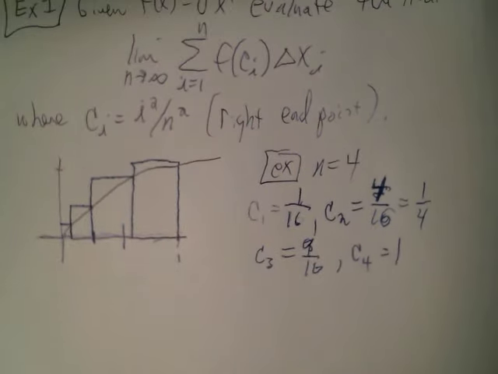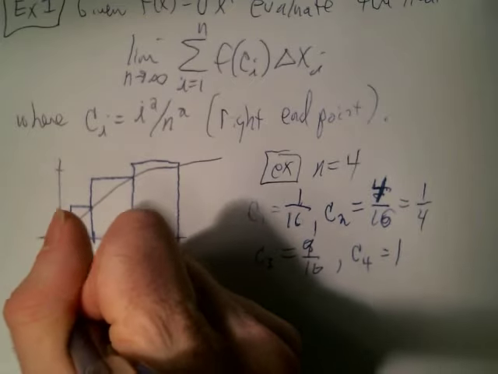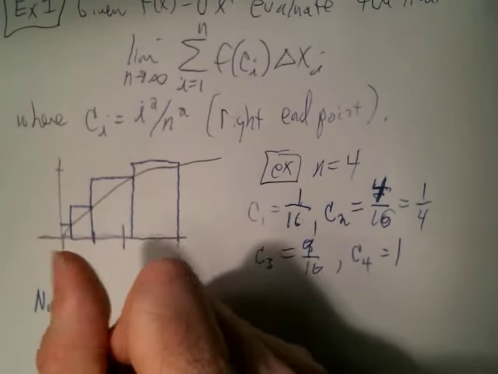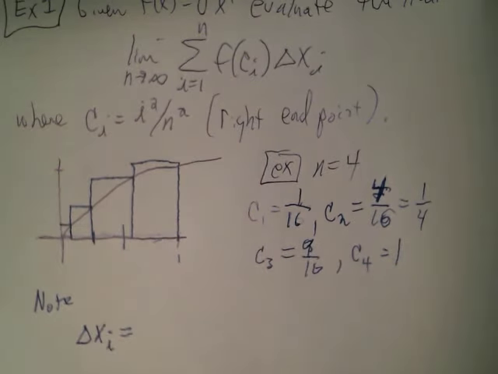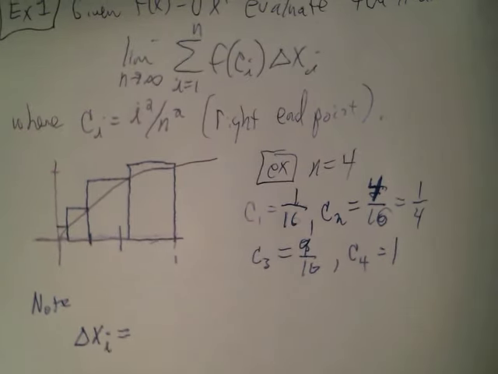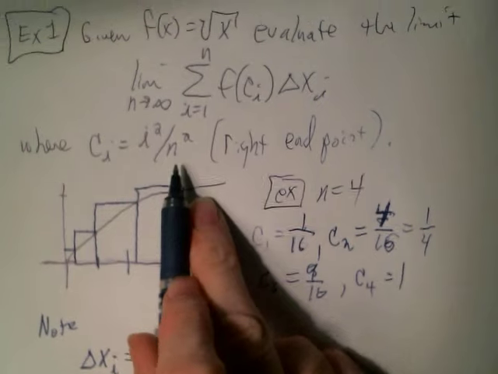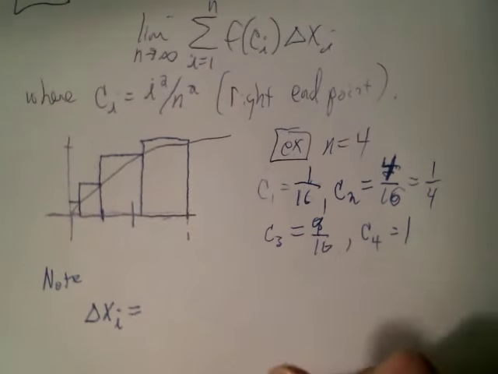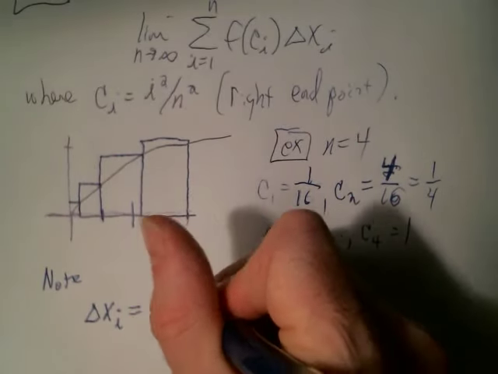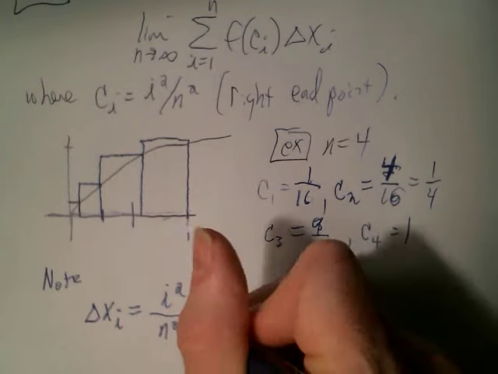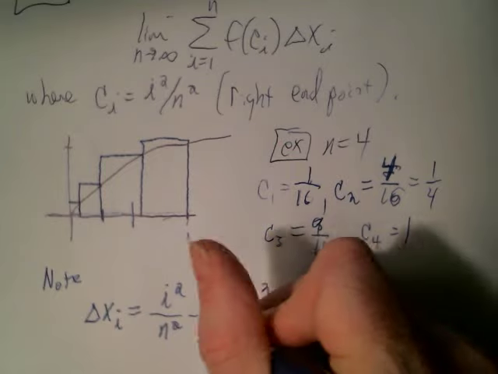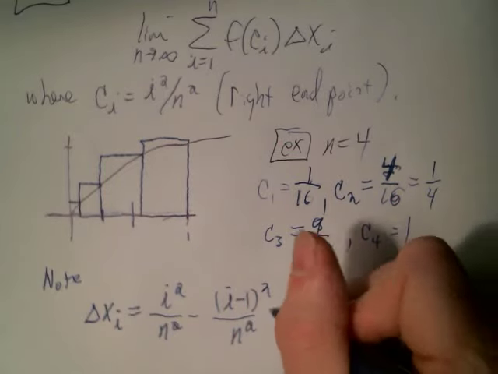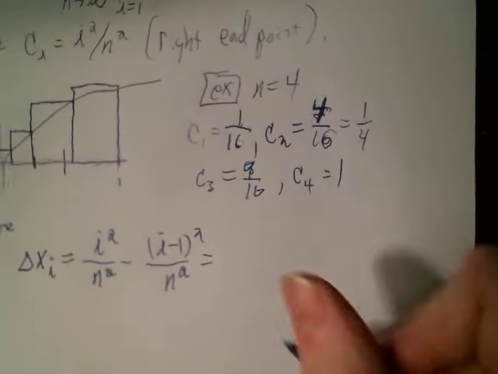So what the heck is the delta x in this case? So we note delta x sub i must equal the difference between two consecutive endpoints. So we will say, consider i squared all over n squared minus the one before it, which would be i minus 1 squared all over n squared. And so what do we have then?